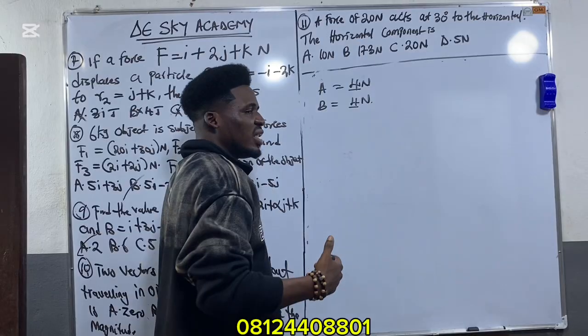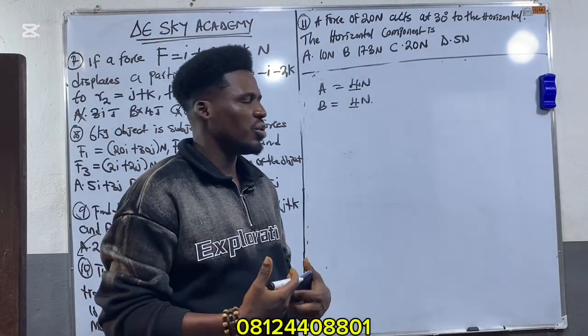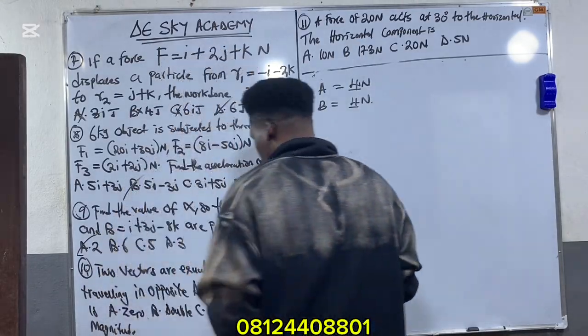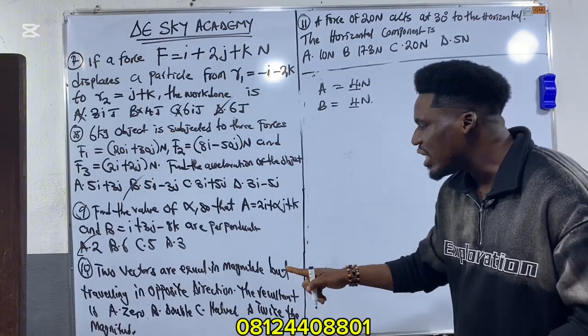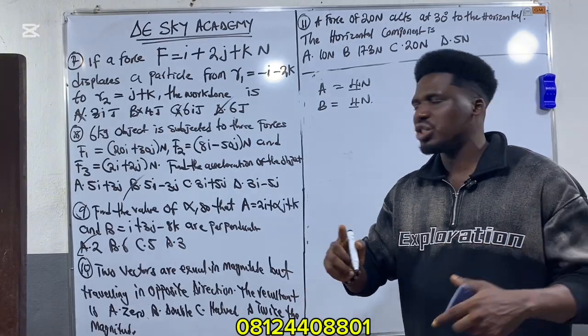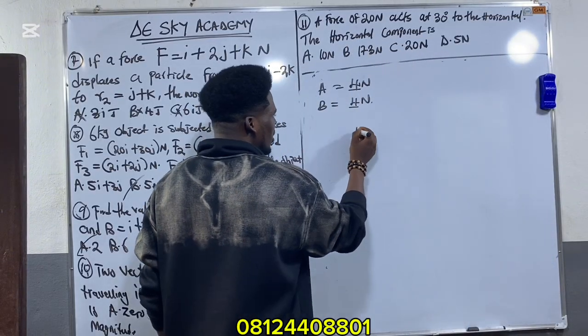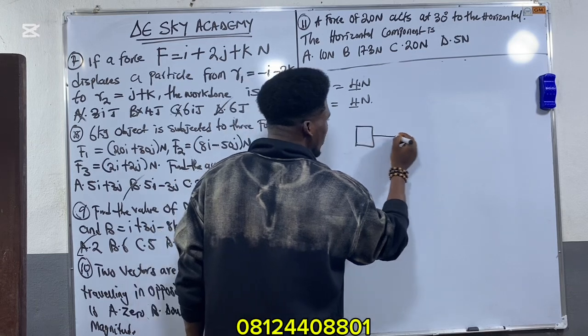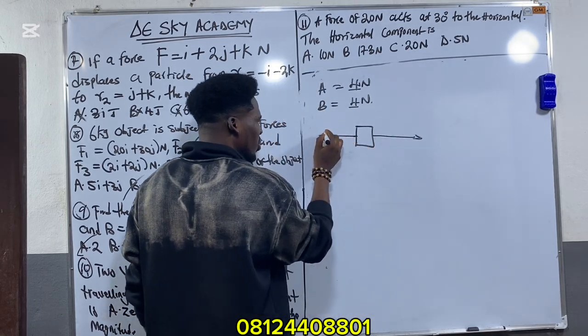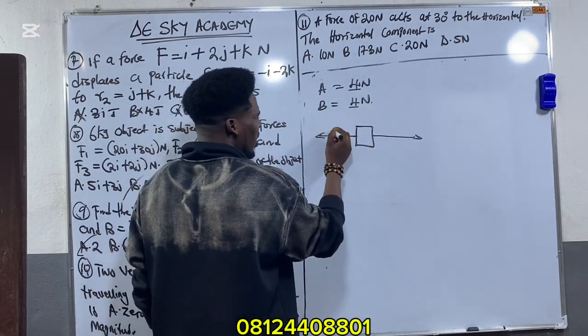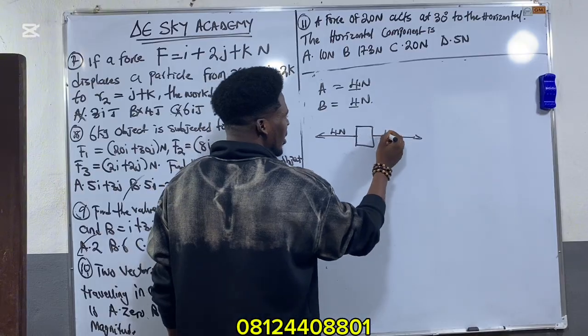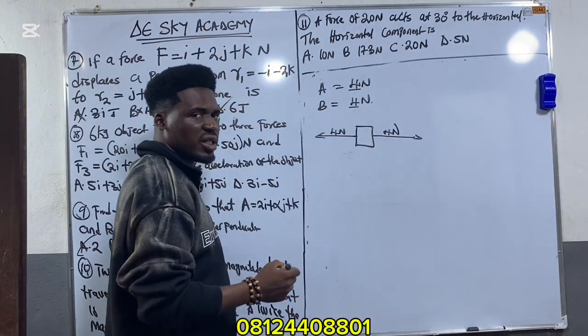They gave us further information that they are traveling in opposite direction. So this one is traveling this way, this one is traveling the other way. The magnitude here is 4 Newton, the magnitude here is 4 Newton.